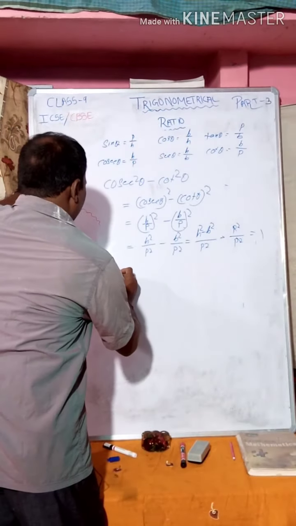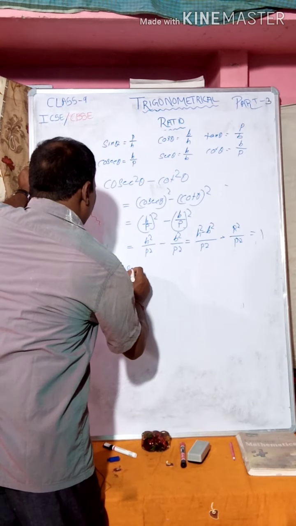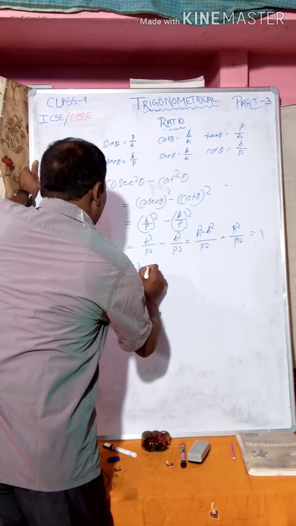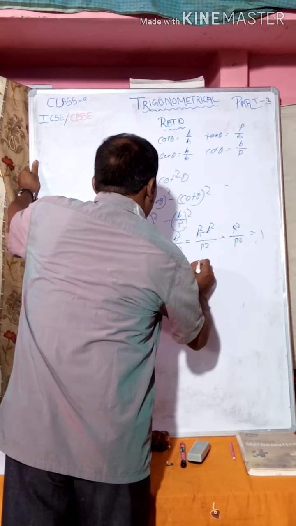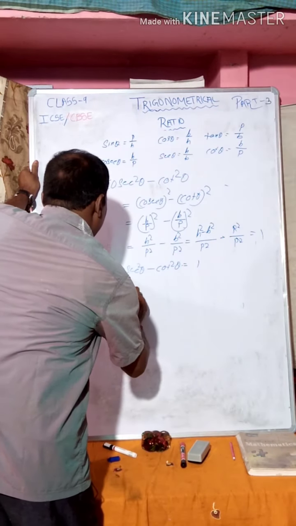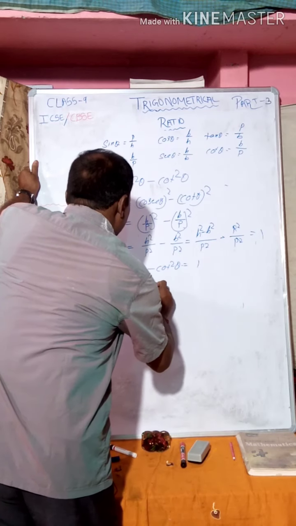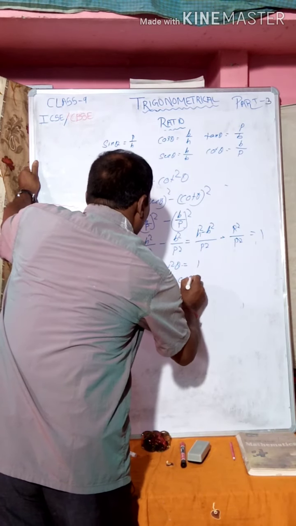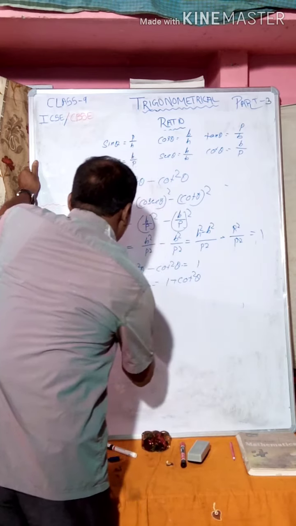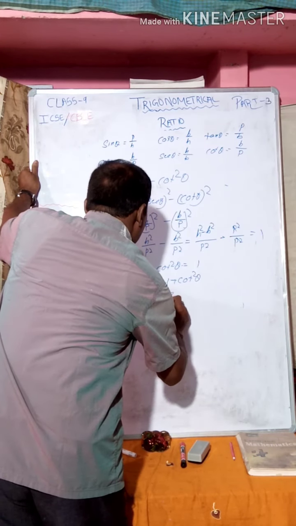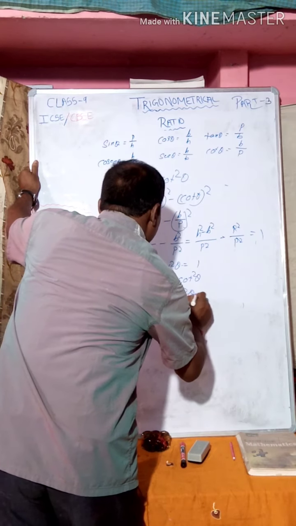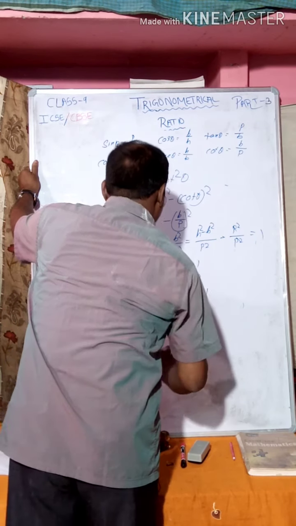So we know that cosec square theta minus cot square theta is equal to 1. So cosec square theta is equal to 1 plus cot square theta, and cot square theta is equal to cosec square theta minus 1.